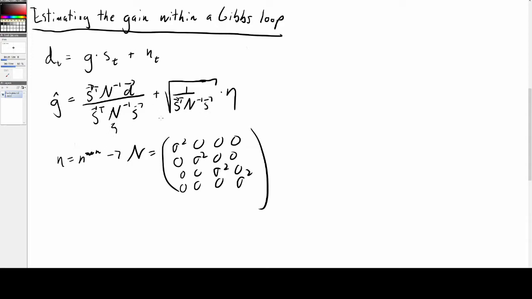All we have to do is multiply each of the elements of S with the diagonal elements of N, and so on. So in that case, all this reduces to simple array operations.